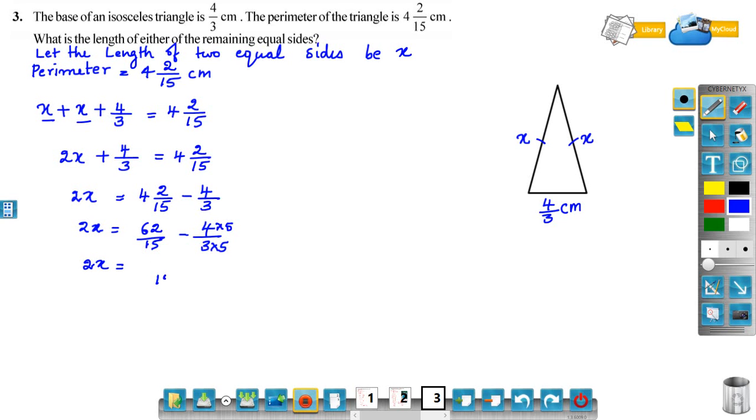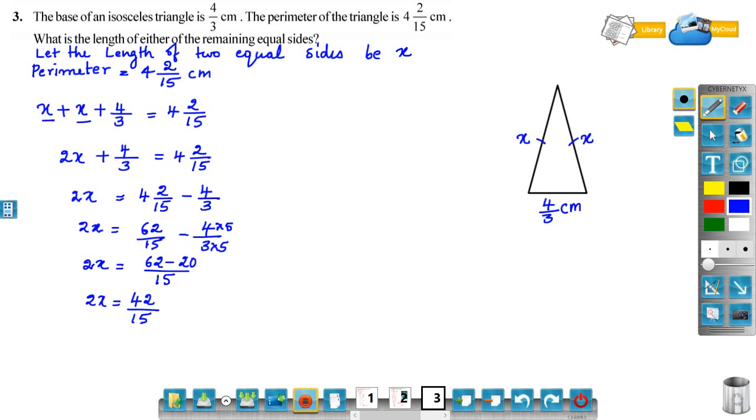Now equal denominator is 15. Then in the numerator, 62 minus 4 fives are 20. So 2x is equal to 62 minus 20, that is 42 by 15.